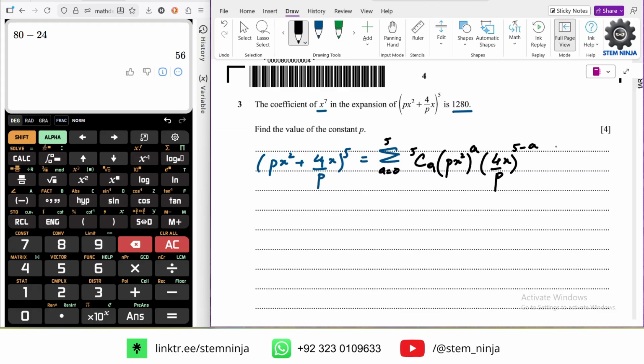Okay, now we need to figure out where this coefficient of x raised to power 7 comes in. So this means that you have x raised to power 2a, and plus x raised to power 5 minus a, and this is equal to x raised to power 7.